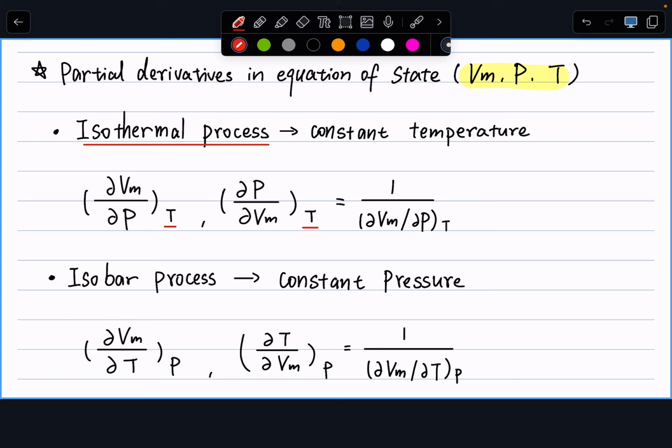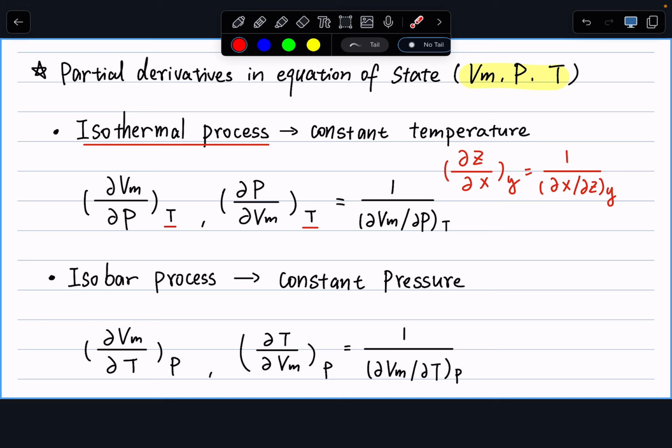Using calculus, the simple relationship we're using is that the partial derivative of z over x at constant y equals 1 over the partial derivative of x over z at constant y. So this pair of partial derivatives is internally connected. That also makes sense.